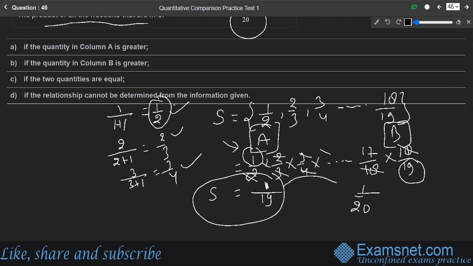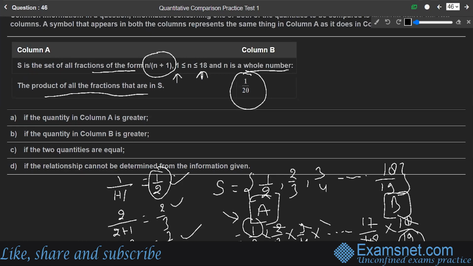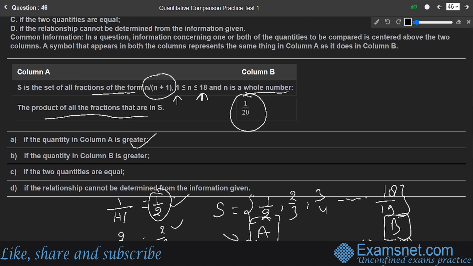So the only thing to be decided is the denominator. Whichever fraction has the lesser denominator is the higher one. So obviously 1 by 19 is greater than 1 by 20. So the answer becomes option A, which says quantity in column A is greater than quantity in column B.